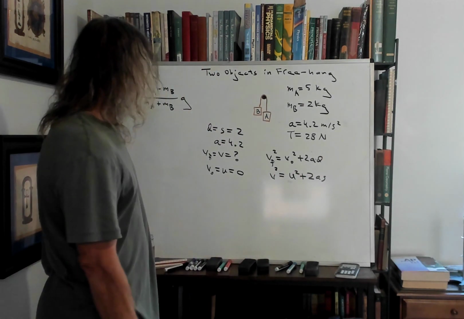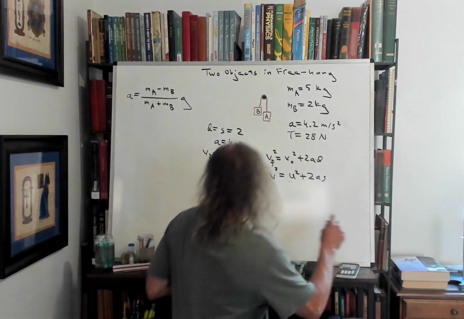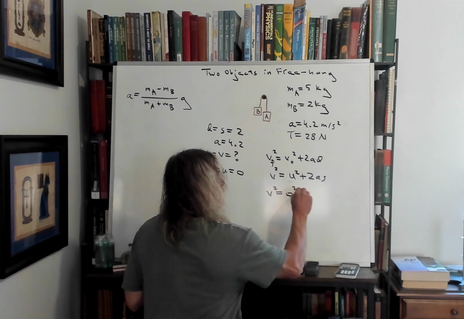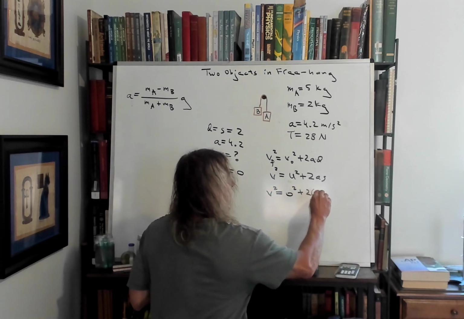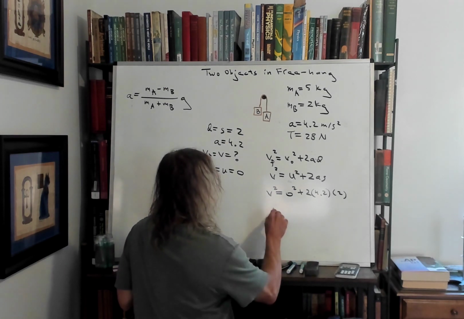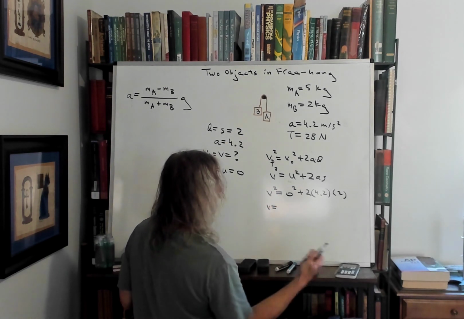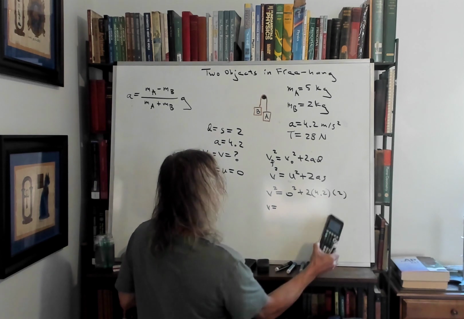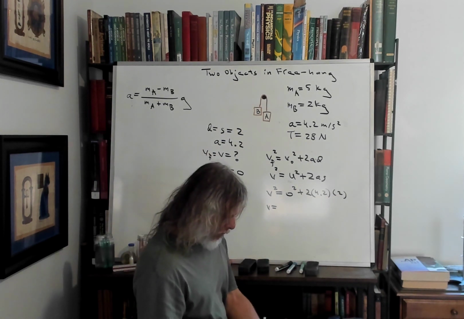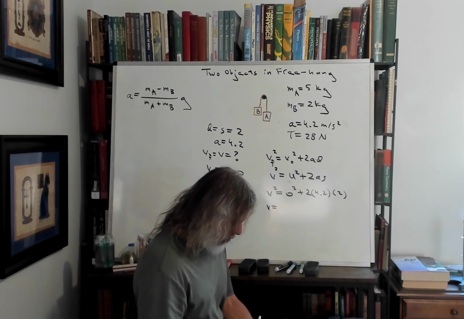So then we plug in, and our velocity is the square root of 0 squared plus 2 times 4.2 times 2. So what about 4? 2 times 2 is 4, 4 times 4 is 16, so the velocity would be approximately 4. But see what it does exactly.